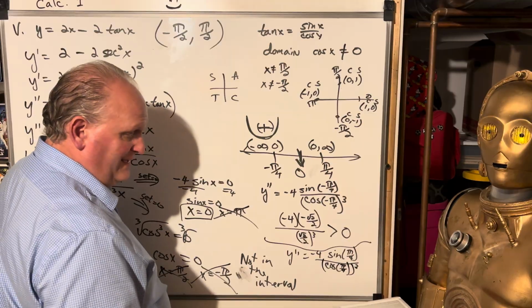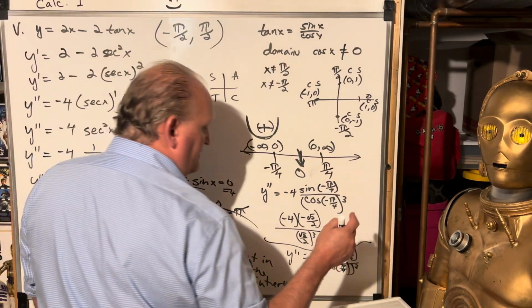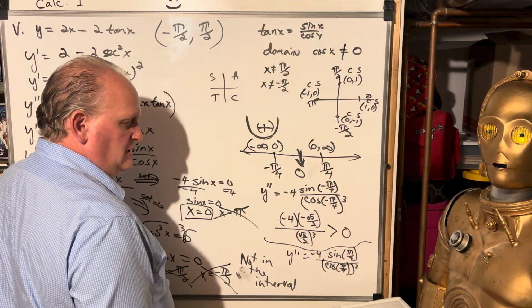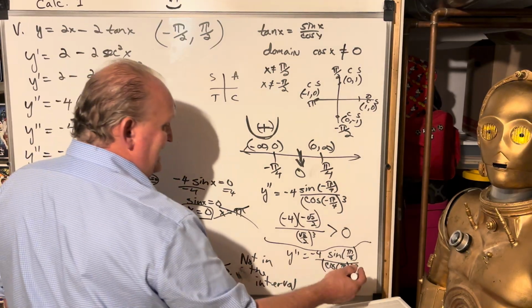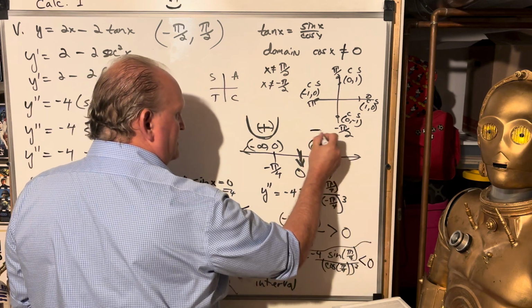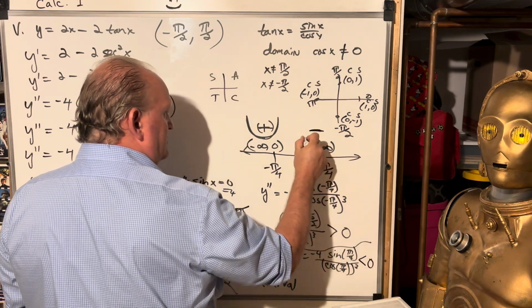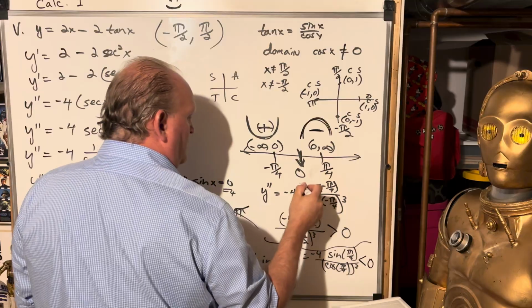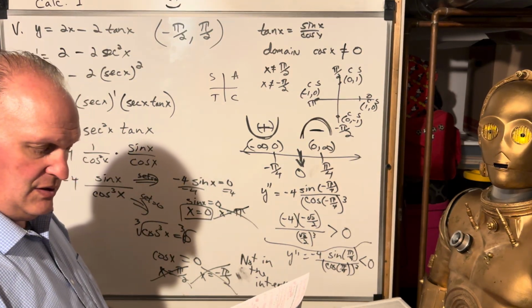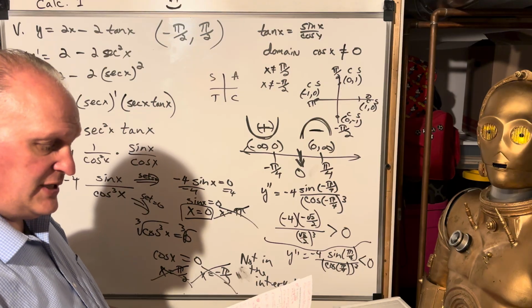That's negative 2 square root of 2 divided by the square root of 2 over 2 cubed. So a negative divided by a positive, that's a negative. That's going to be less than 0. That means this is a negative value, and so it is concave down, which means 0 is our point of inflection.